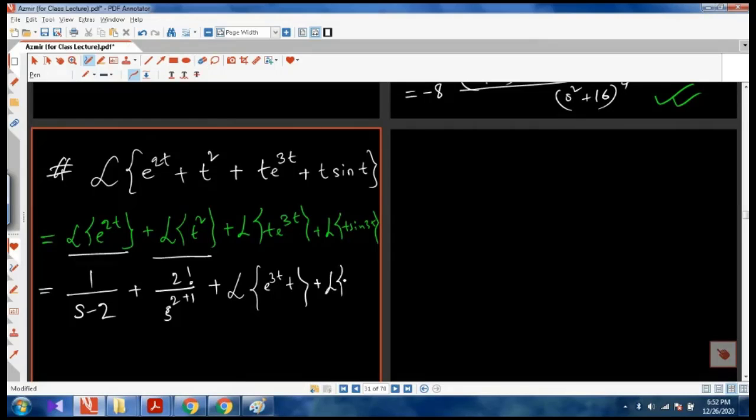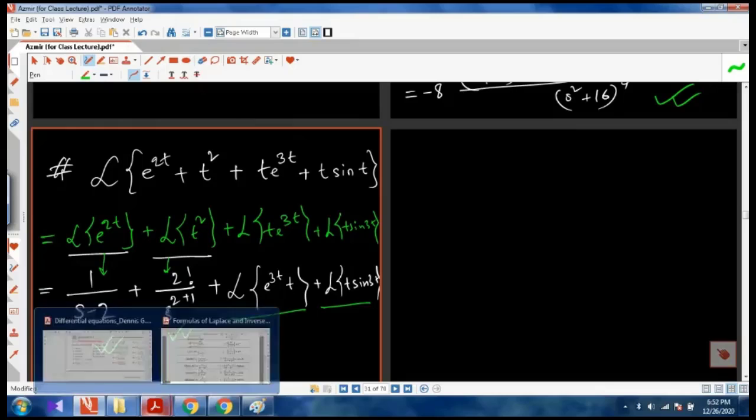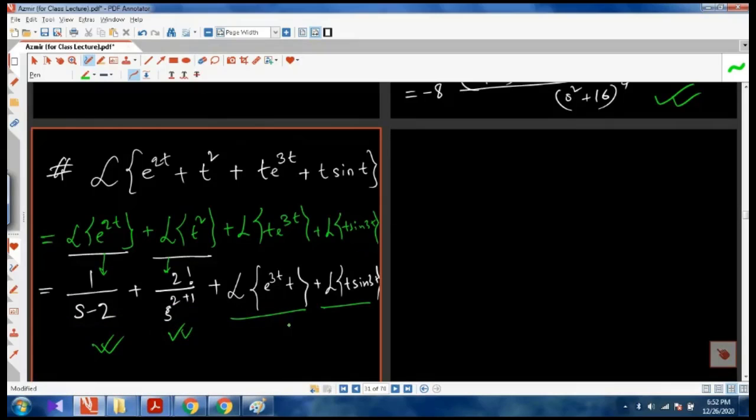And here we have t sine 3t. So somehow for solving the first Laplace transformation and second Laplace transformation, you are getting partial marks. And now we have to solve this and this. So can we solve this? This is our second property. And this is our third property. So you can use one equation number here.